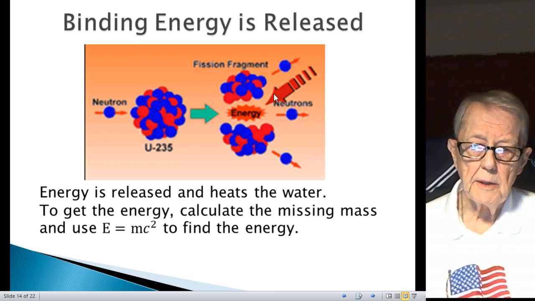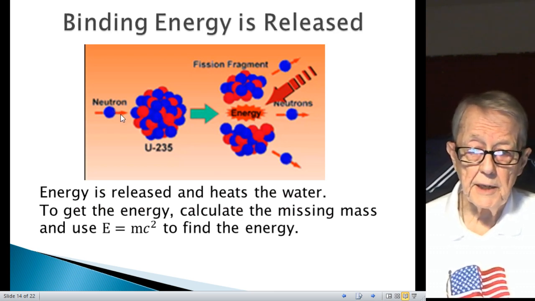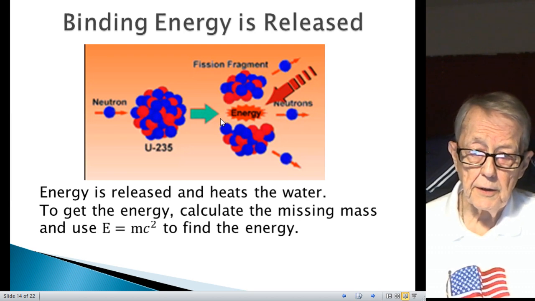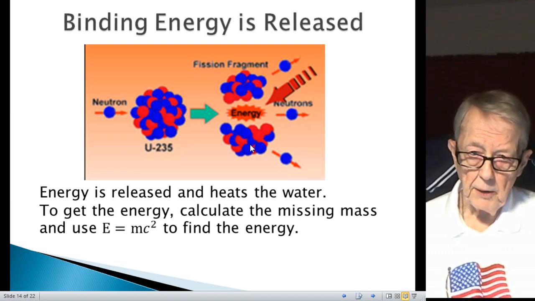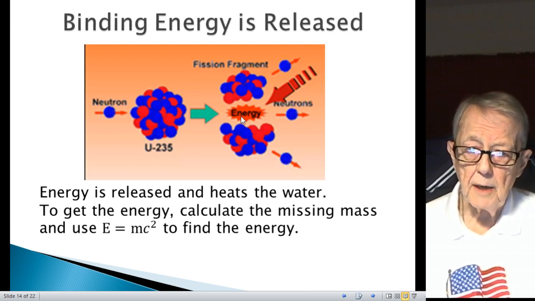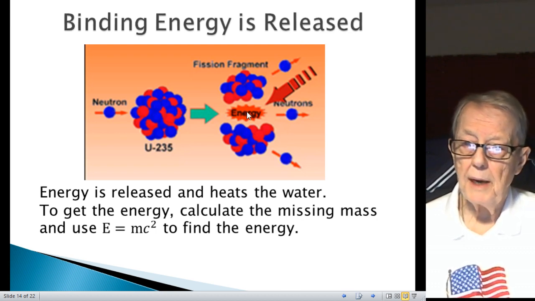Binding energy is released. I don't know what other energy they might be talking about, but this again is the neutron hitting the U-235, temporarily making 236, which splits into barium and krypton and 3 neutrons, and in the process releases the binding energy.